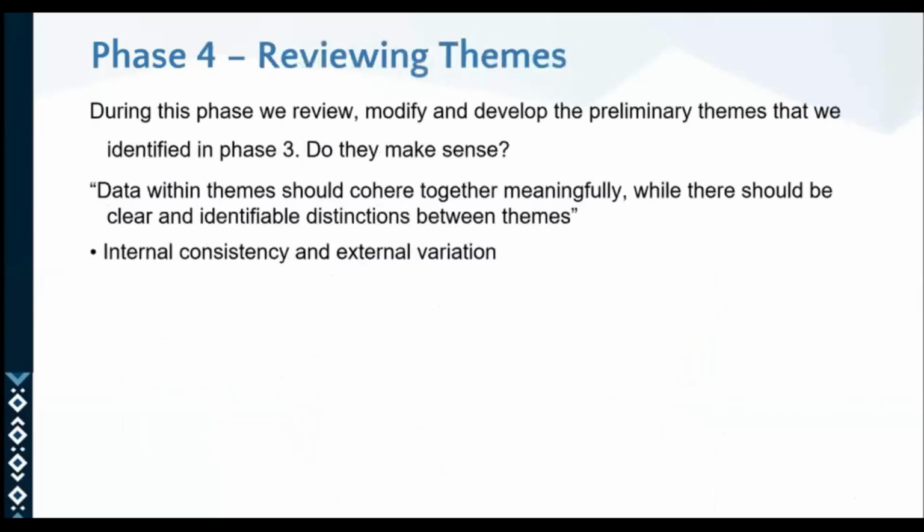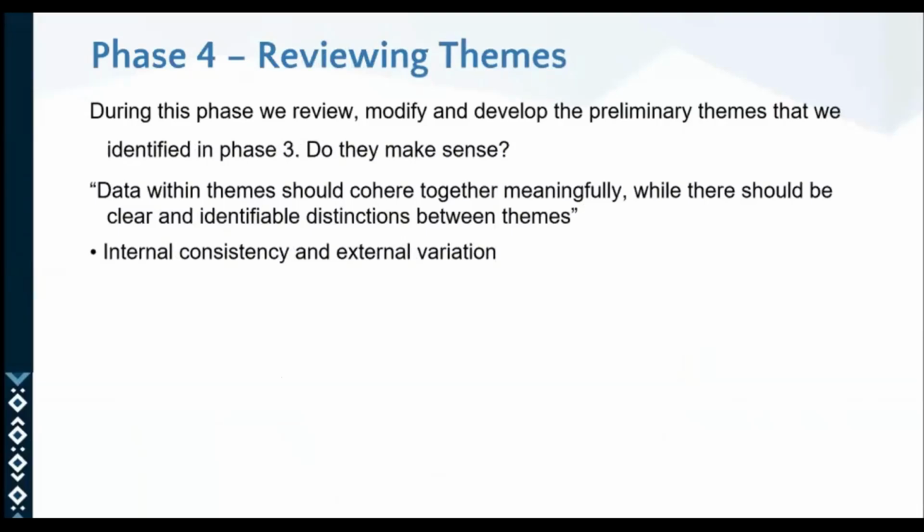So going forward to the next phase, which is the phase where we have to review the themes. We notice that maybe in the course of generating our codes, they may have been too vague. They really did not make sense at that point, but because we're trying to summarize our data, we put them as codes.